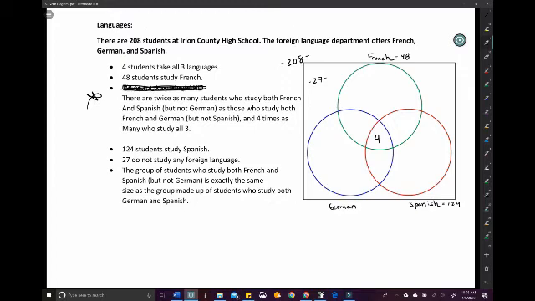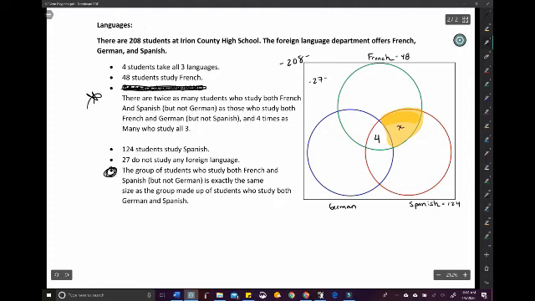So let's decipher some of this stuff going on here. Let's look at this last one for right now. Group of students who study French and Spanish, but not German. Let's highlight that. French, Spanish, not German. That's right here. Okay, so good old mathematics. Let's represent that with the number x.